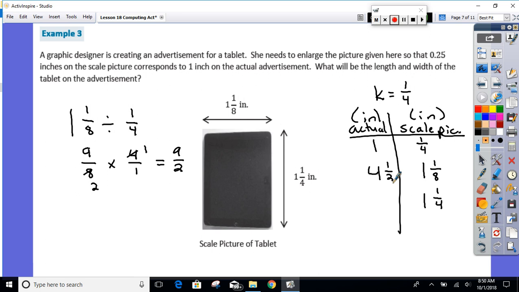Okay, to find the next dimension, let's see. Sammy, how would I find the actual length that corresponds with 1 1/4 on the scale drawing? Yep, I want to find this.